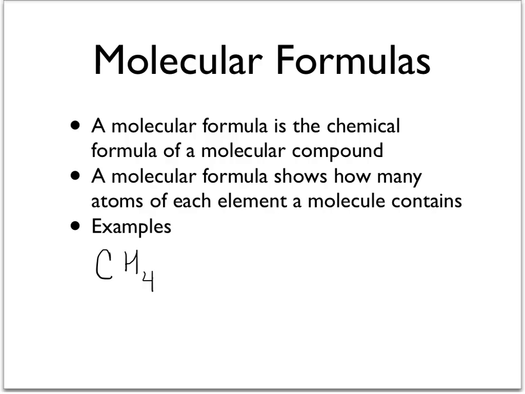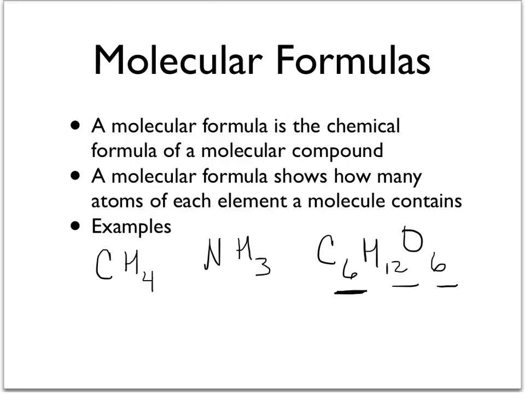Or you might have NH3, 1 nitrogen, 3 hydrogens. Or maybe you have C6H12O6, 6 carbons, 12 hydrogens, 6 oxygens. All of those are examples of molecules. And what you need to be familiar with is what they mean, what the numbers tell you. And obviously the numbers are going to tell you how many of that particular atom exist in that molecule.